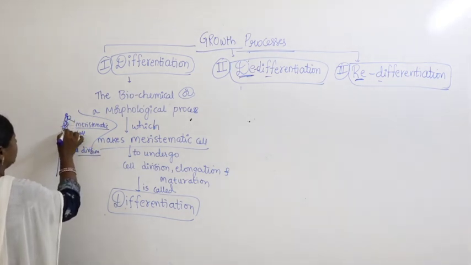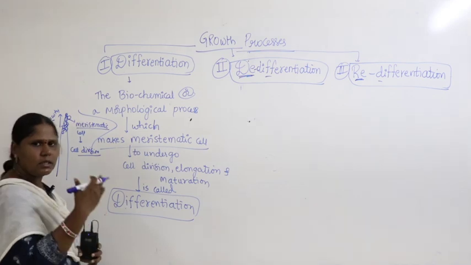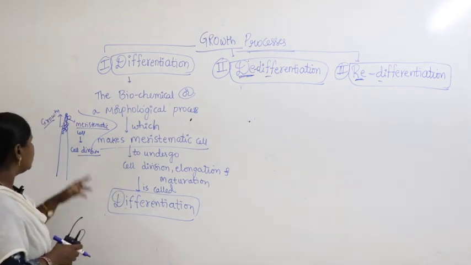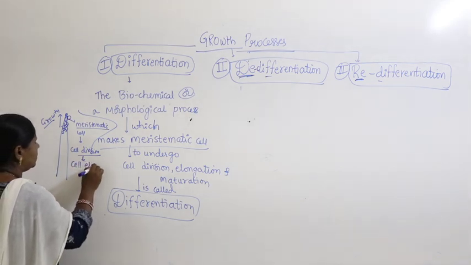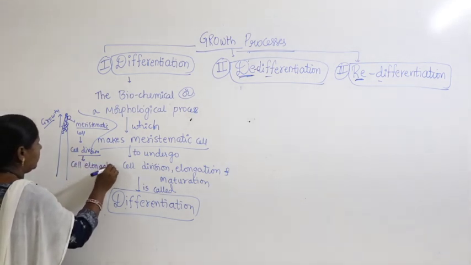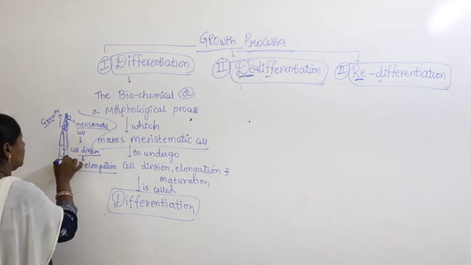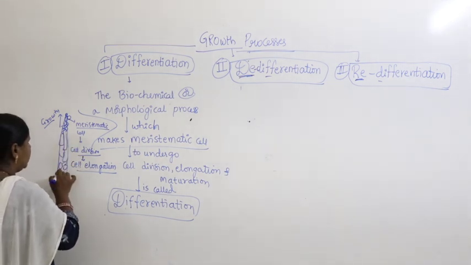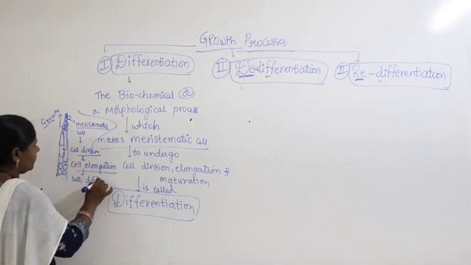Dividing, 2 cells will become 4, and it increases growth. Here cell division occurs, followed by cell elongation. This is how the elongation occurs, cell elongation, and then followed by cell differentiation.